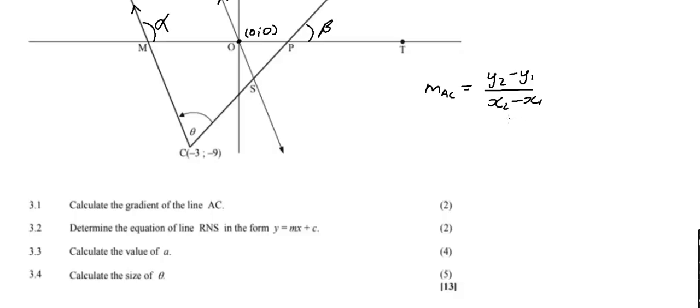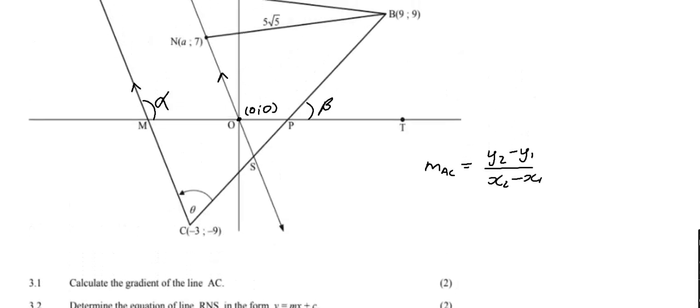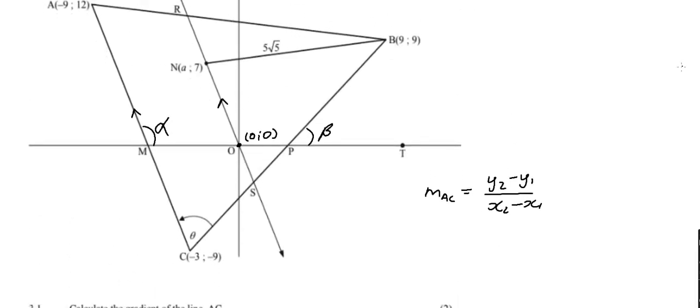We have to choose a point 1 and point 2, and then substitute accordingly. It doesn't matter which one is your 1 and which one is your 2. We can call A our x1, y1, and then we can call C our x2, y2.